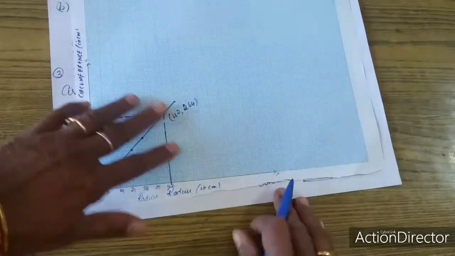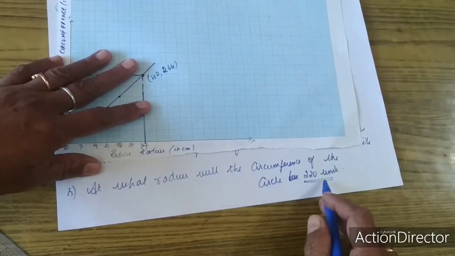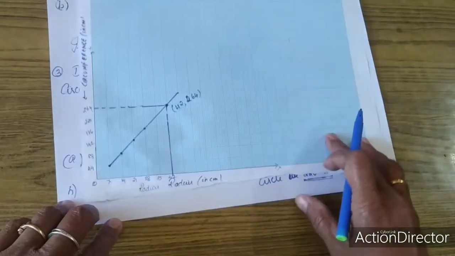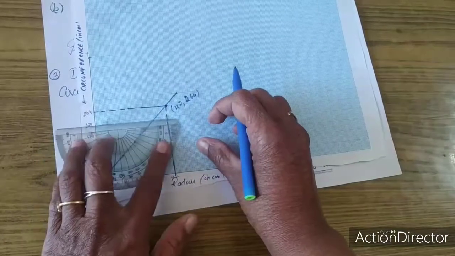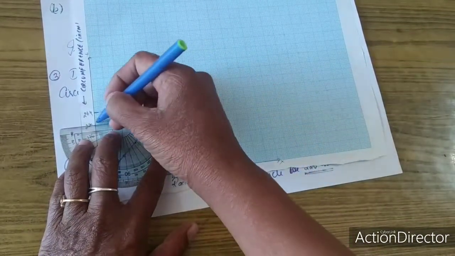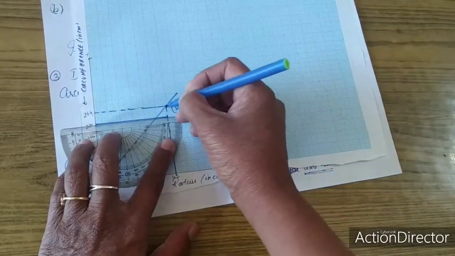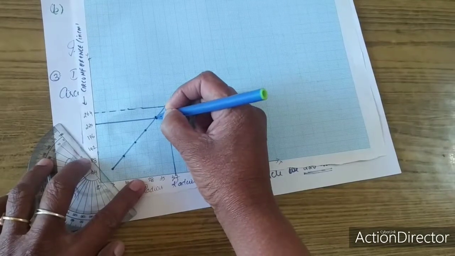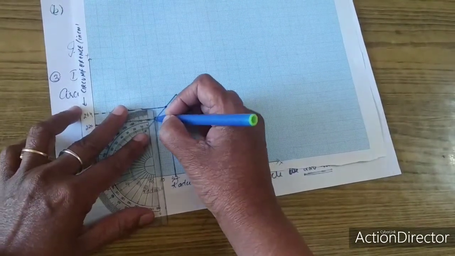Also they are asking the second question, at what radius will the circumference of the circle be 220 units? Here the circumference of the circle is given as 220. So from here I am going to draw the perpendicular, that is a straight line, to the graph. It meets the line at this point. Again I will drop the perpendicular from this intersection point.